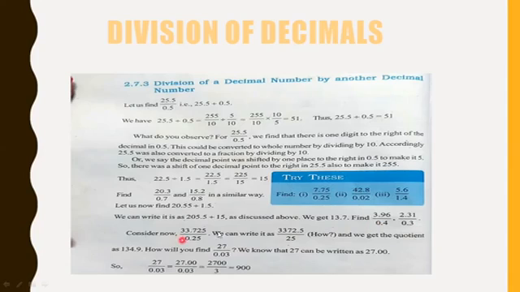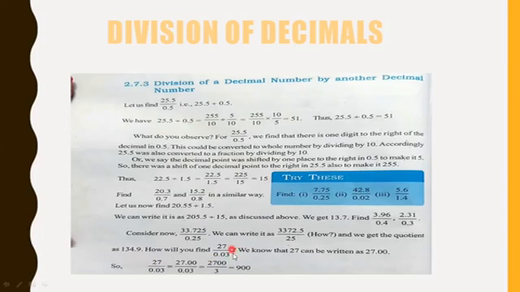Now you can find 3.96 by 0.4 and 2.31 by 0.3. Consider now 33.725 by 0.25. By removing the point, you can write it as 3372.5 by 25, and we get the quotient as 134.9.